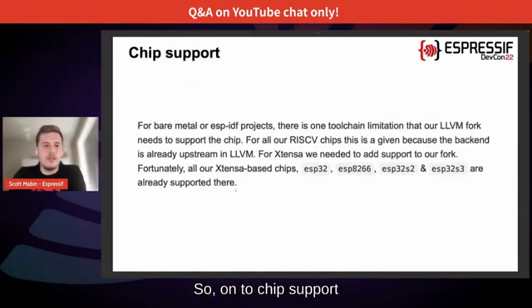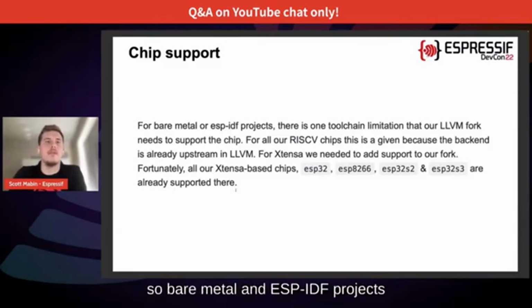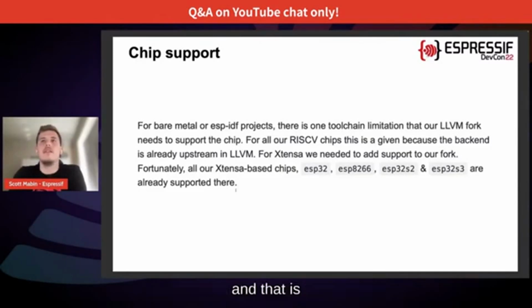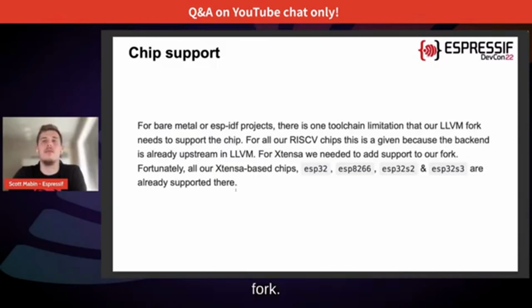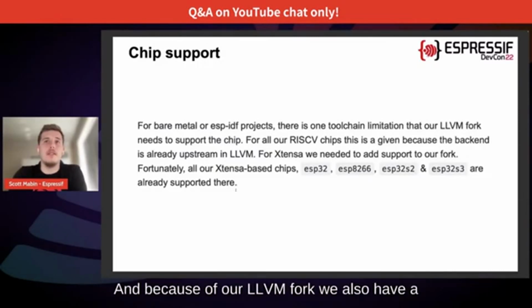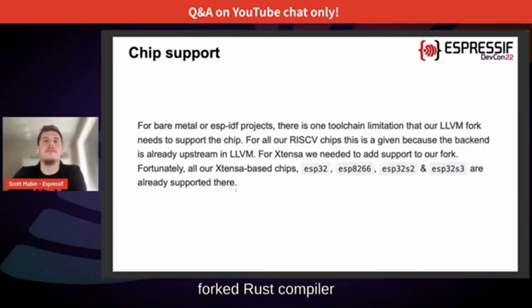So onto chip support. There's one limitation for all the projects, so bare metal and ESP32 projects, and that is if you're targeting an Xtensa chip, there needs to be support in our LLVM fork. And because of our LLVM fork, we also have a forked Rust compiler.